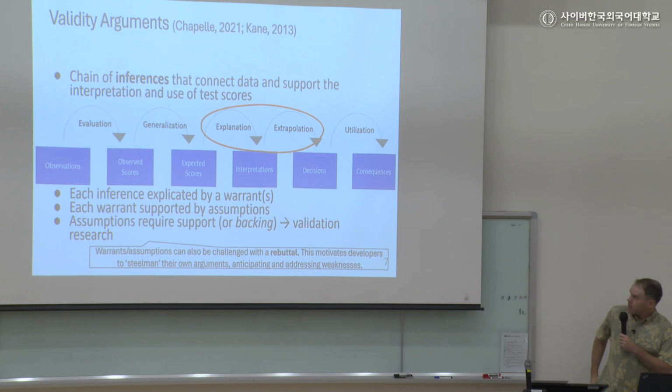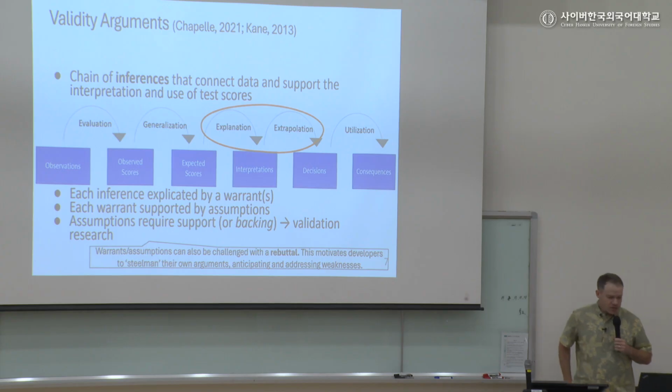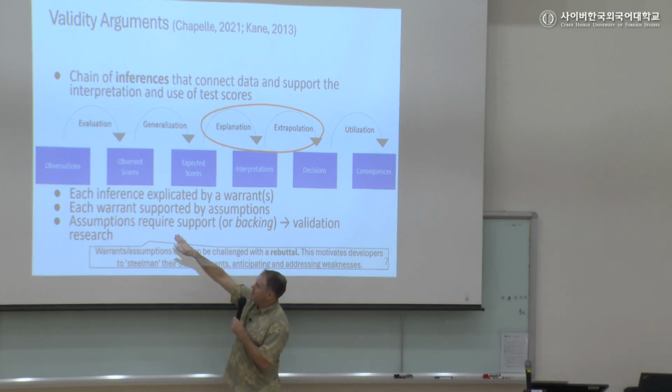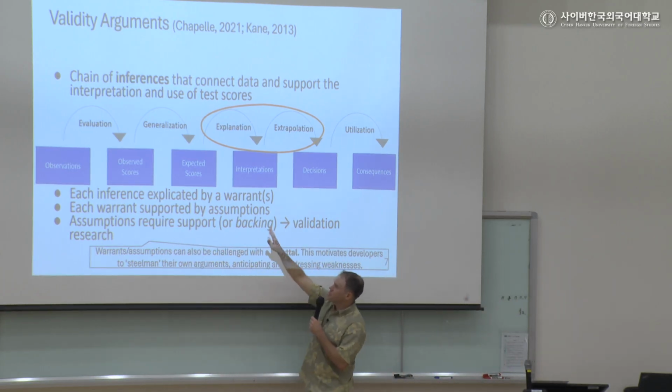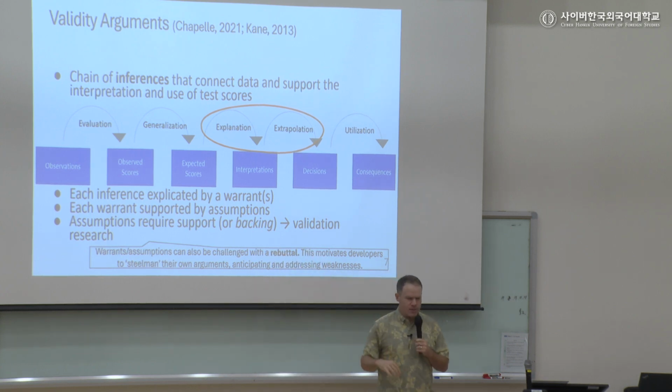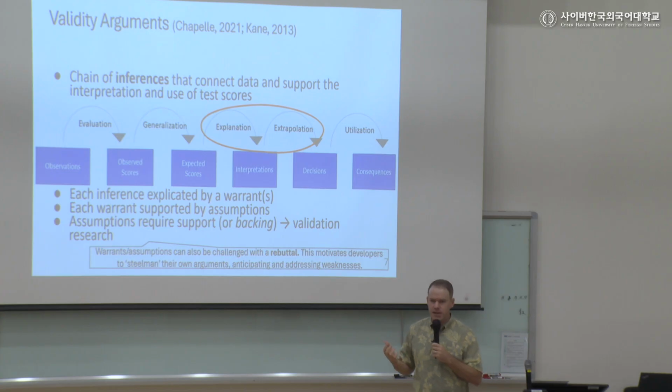Okay, so we need to collect evidence to support these different inferences, like explanation, extrapolation. And also these things can be challenged. We might find evidence that goes against these inferences, that undermines them. So maybe everything looks good, we think the content of the test is good and it gets us observations we can score, the reliability of the test is good, and our theory says this is a really good measurement of academic English.